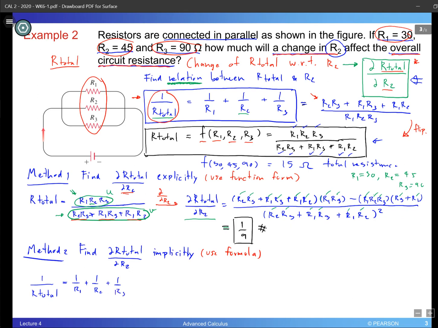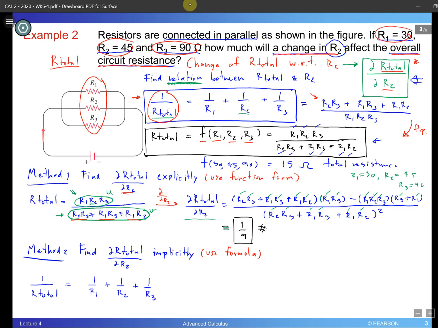Okay, now we have this equation and we are going to perform the implicit differentiation to this formula. So first of all, I need more space, so let me fix this one. So we have this formula right here in terms of an equation. 1 over R1 plus 1 over R2 plus 1 over R3.